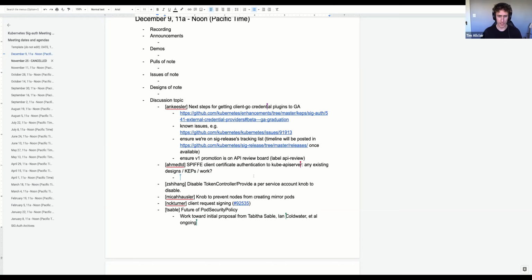Do SPIFFE client certificates just work? I know we generally support client certificates. Anyone know? No, they don't, because they put the SPIFFE ID in the SAN, and the common name is the UID. Got it. Is that a UID unique to the credential or unique to the user?